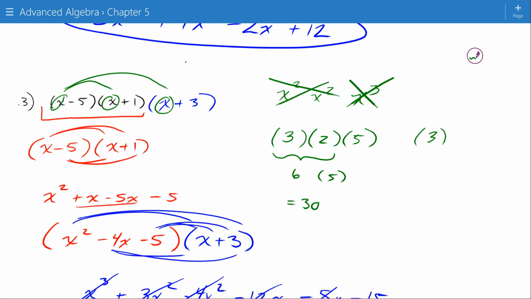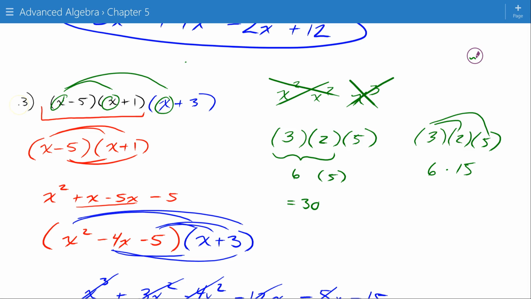So the mistake that I was talking about, when people distribute that first term to both the other terms, they did x minus 5 times the x plus 1, and then they did x minus 5 times the x plus 3, and they're over distributing. That would be like if somebody took 3 times 2 times 5 and said, oh, 3 times 2 is 6 and 3 times 5 is 15.